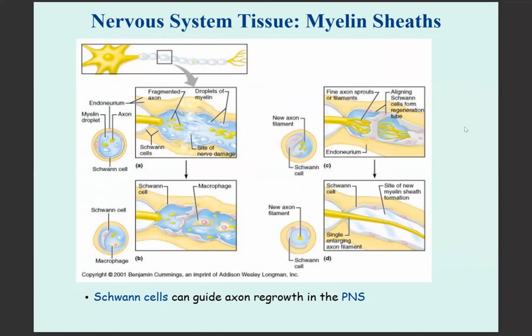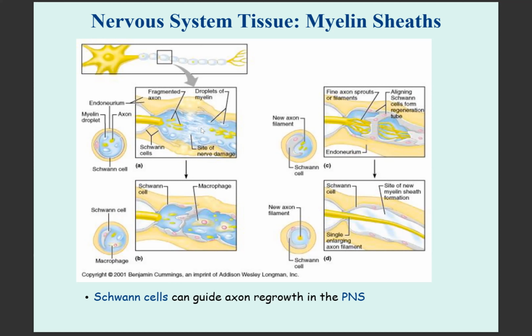So one beautiful thing is that this myelin sheath that we see in the peripheral nervous system, when there is a breakage or damage to the axon, can actually guide the regrowth of this axon.